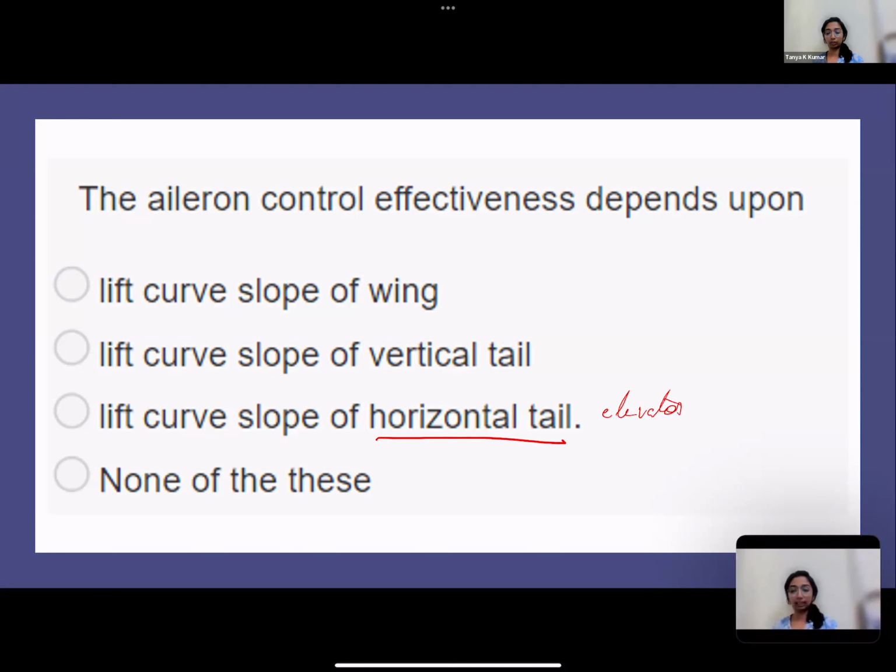So vertical tail, what do we have? And wing, what do we have? Control surfaces.